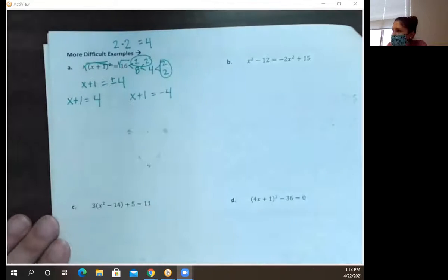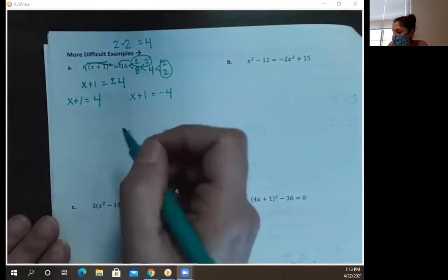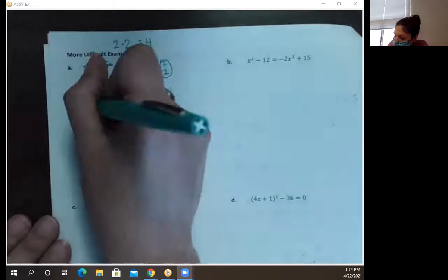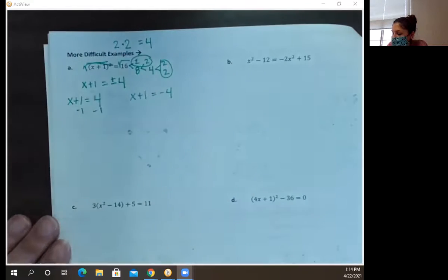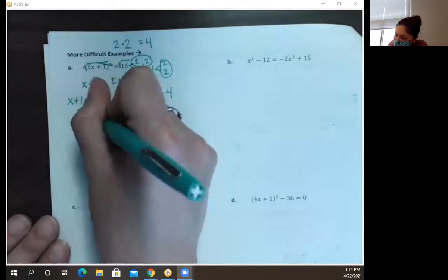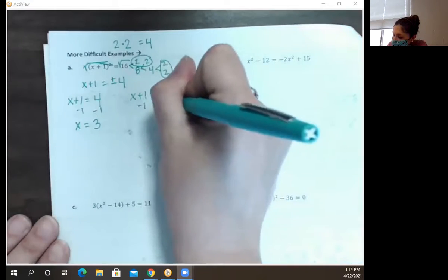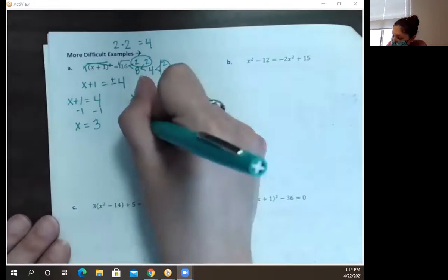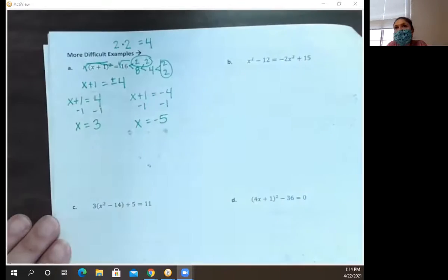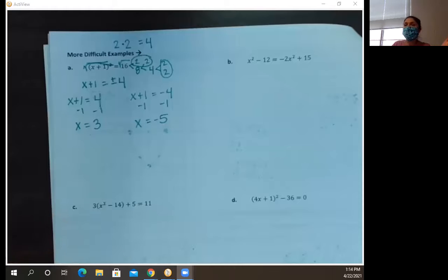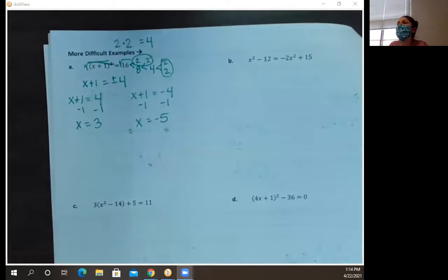Once I split these up, I'm going to solve for x the same way you would have solved one of these last semester or last year, or just like we solved a minute ago. I'm going to get x by itself. So I get x to be 3. And then over here, if I get x by itself, I get x to be negative 5. I still have 2 solutions, just like positive 2 and negative 2 were 2 solutions to that very first problem. Just this time, they're completely unique numbers.